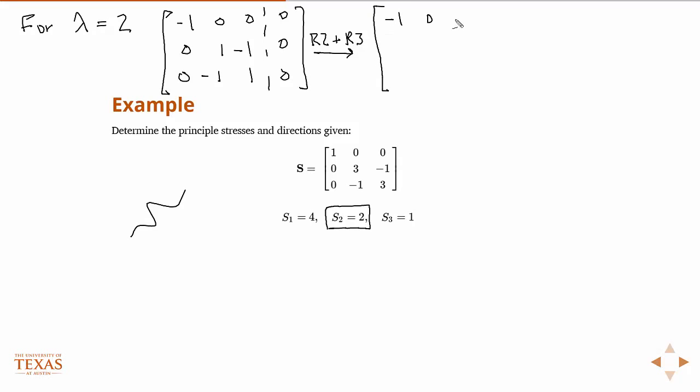Minus 1, 0, 0, 0, 1, minus 1, 0, 0, 0. All right, so this is x1 is equal to 1.